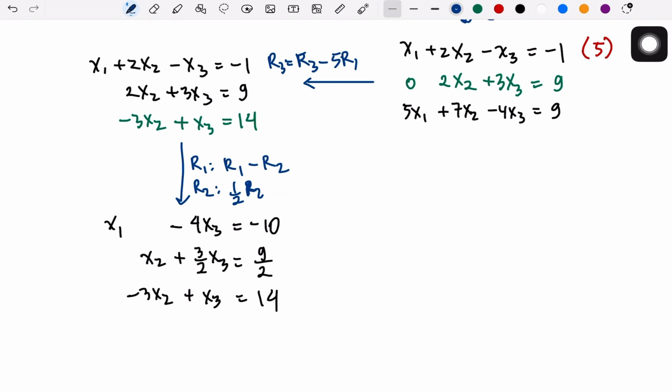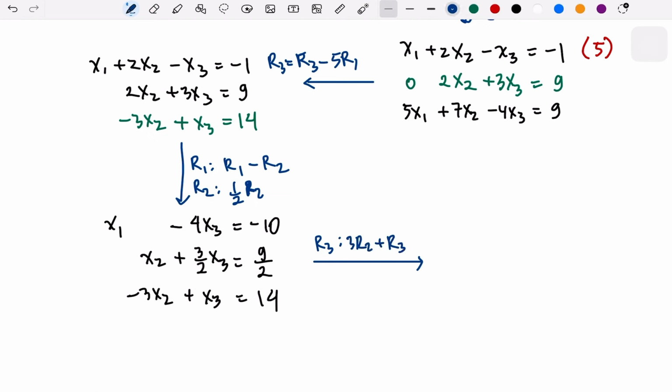So I will write here that the new R3 will be composed of 3R2 plus R3, which means the new R3 that we will write here is coming from this process, okay? So we can write the first one still the same.